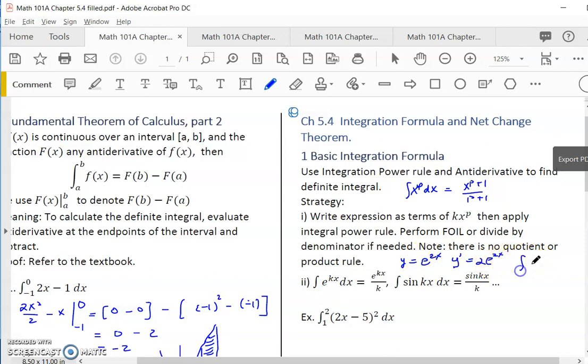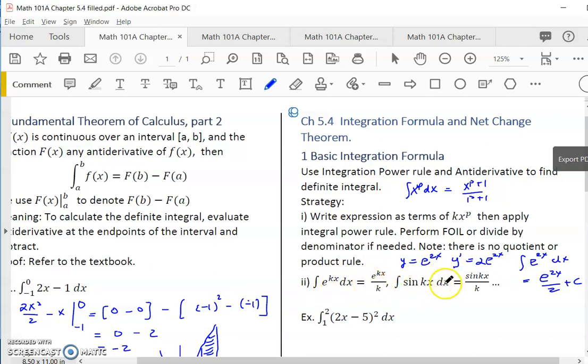So if I do the integral of e to the 2x, it makes sense that I would have to divide by 2, because when I do the derivative, I multiply by 2. So this would be e to the 2x over 2 plus c. In general, we have this rule: the integral of e to the kx dx is e to the kx over k.